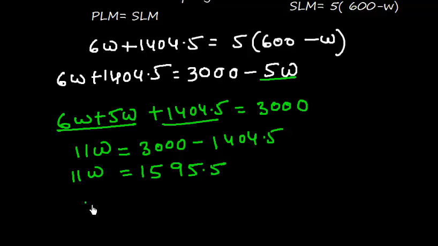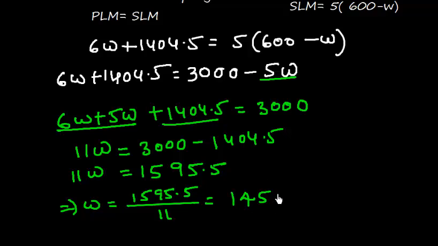so I get 1595.5. So W is equal to 1595.5 divided by 11. So I get this 145.045, so I can just write 145.